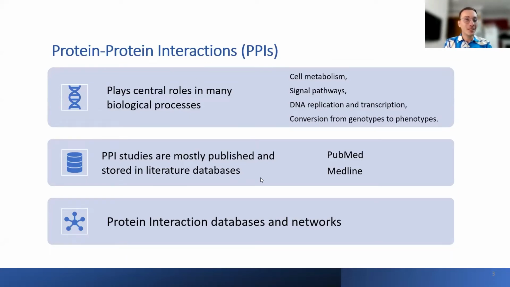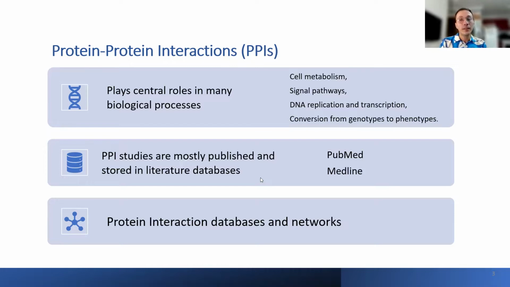Protein interactions are vital and play a central role in many biological processes, such as cell metabolism, signal pathways, DNA replication, and more. Further, the disruption of these processes often causes diseases.